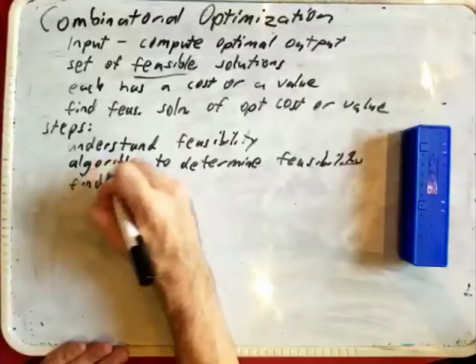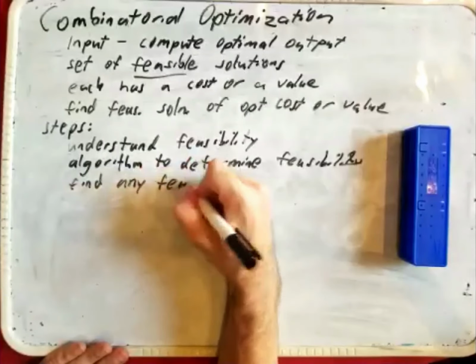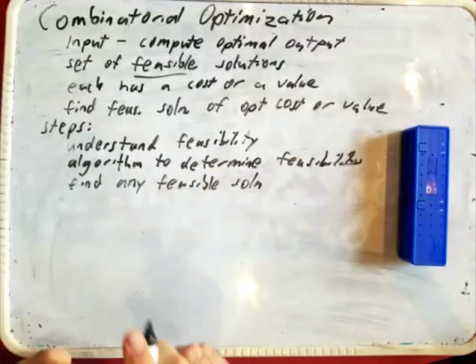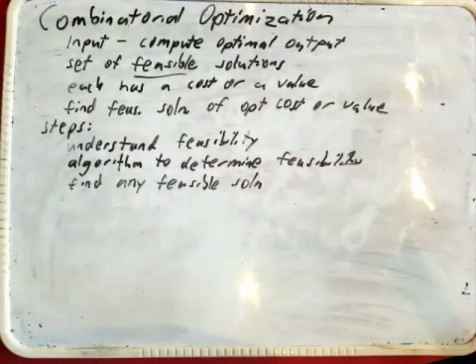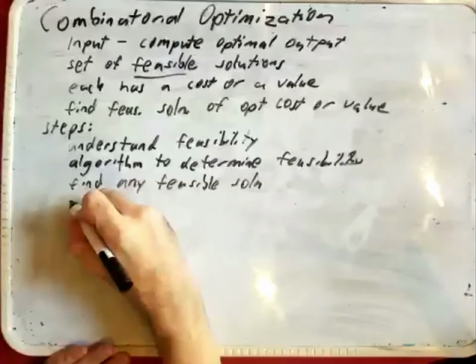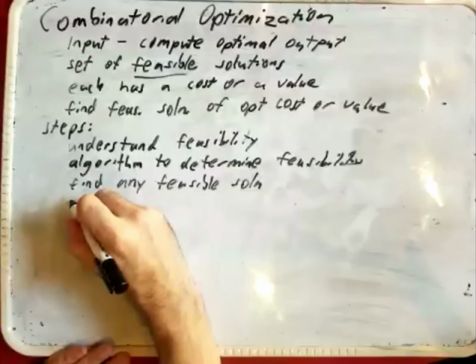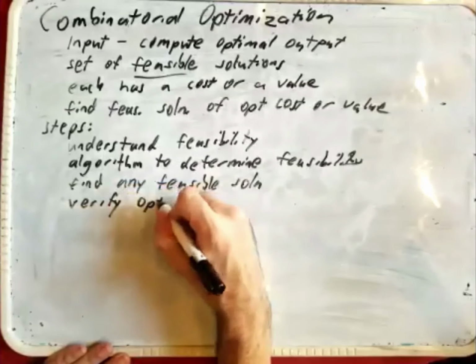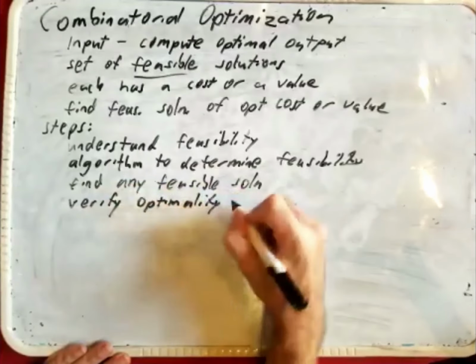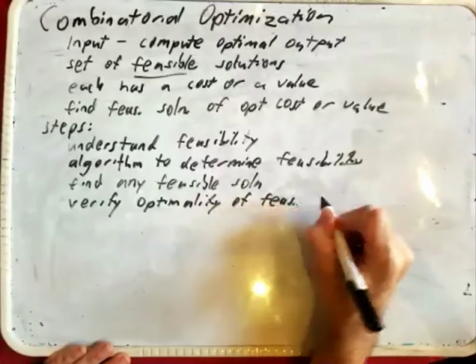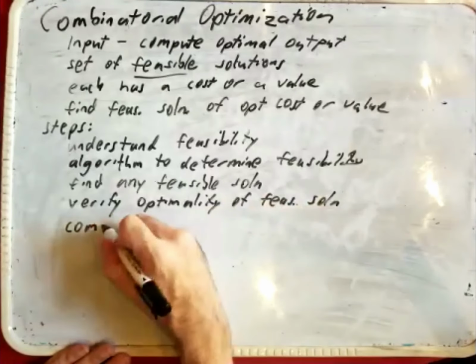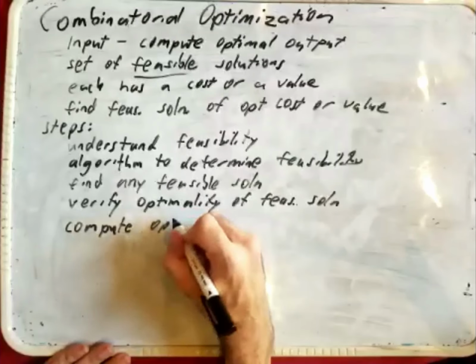Your next step might be an algorithm to find any feasible solution. After that, after you know how to find feasible solutions, you start thinking about solution value. And so then your first step might be to develop an algorithm to verify the optimality of a feasible solution. And only when you've gotten that far do you move on to figuring out how to compute an optimal solution.